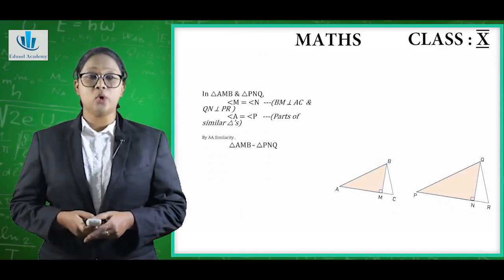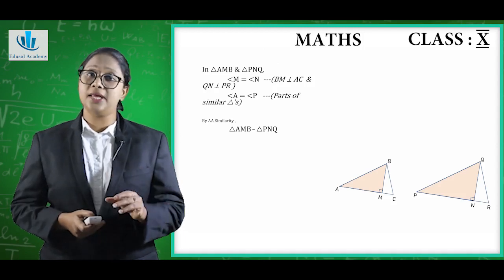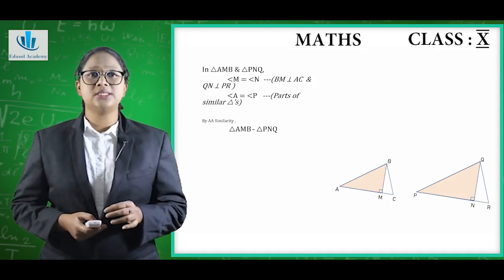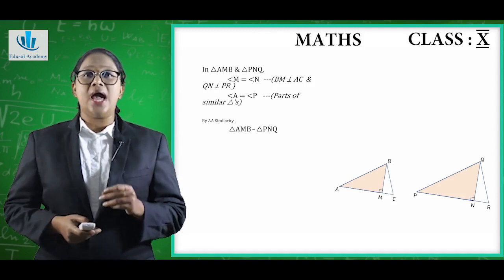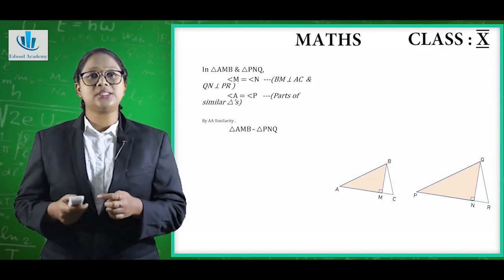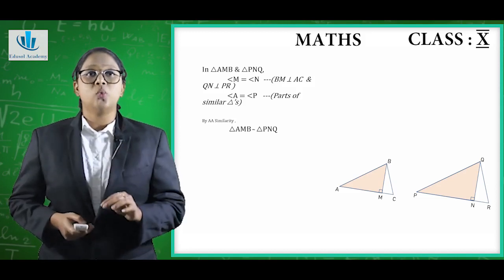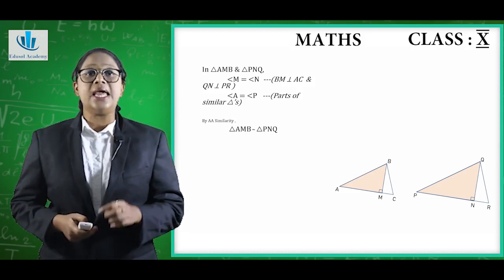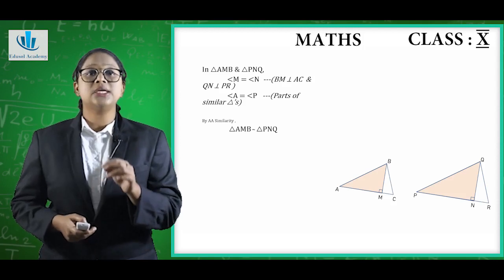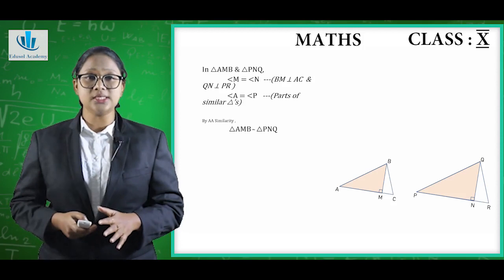Now that we have formed the equation for the ratio of area of ABC by PQR, we need to replace the terms MB, AC, NQ and PR with corresponding sides of the two triangles. For that, we have to consider the similarity concept again in triangles AMB and PNQ. So let's have a look at those triangles.